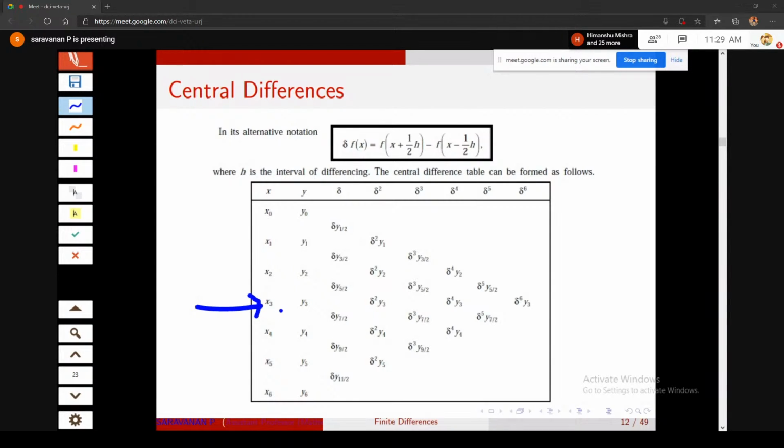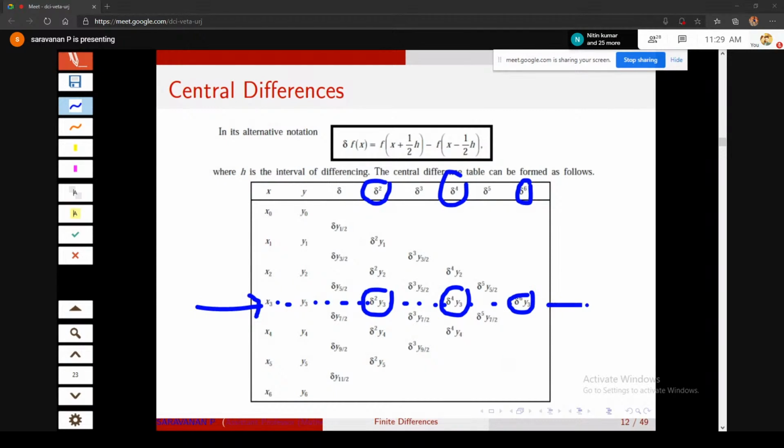The center is x3, y3. So if I draw a horizontal line at the center, you can note that all the even powers will coincide. Delta square, exactly, you will get delta square y3. Then delta power 4, you will get here delta power 4 y3. Then at delta power 6, you will get delta power 6 y3.